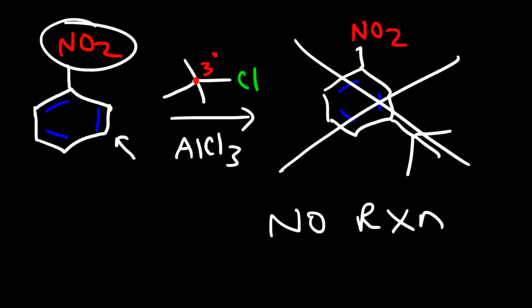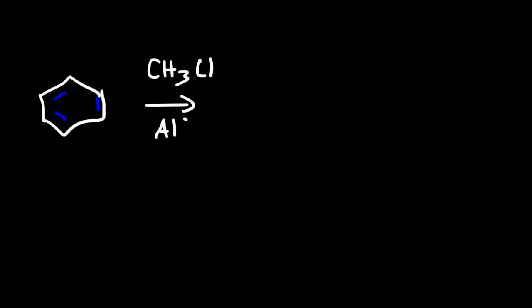There's 3 limitations of the Friedel-Crafts alkylation reaction that you need to be aware of. The first one, let's start with benzene. And let's react benzene with methyl chloride and AlCl3.